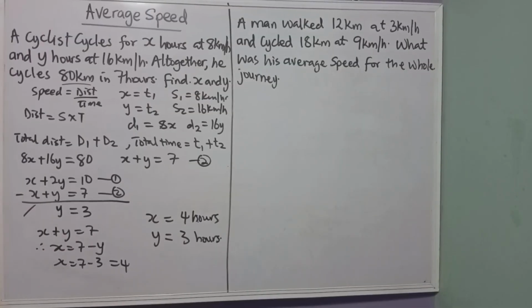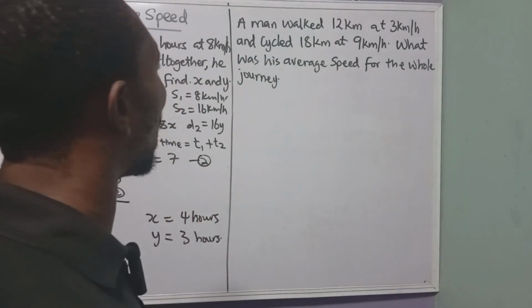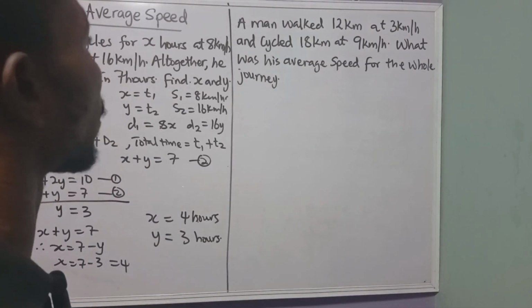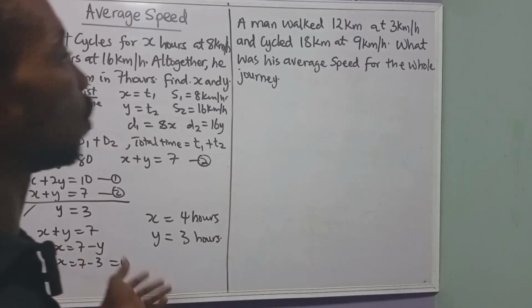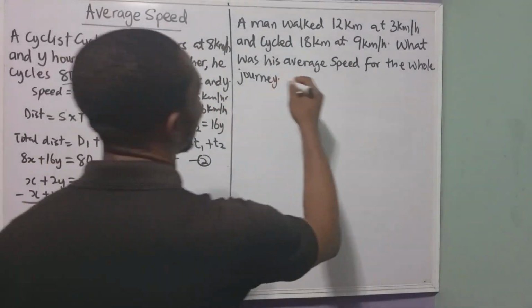Okay, to our next question, it says, a man walked 12 kilometers at a speed of 3 kilometers per hour and cycled 18 kilometers at a speed of 9 kilometers per hour. What was his average speed for the whole journey? Now, let's look at the walk.